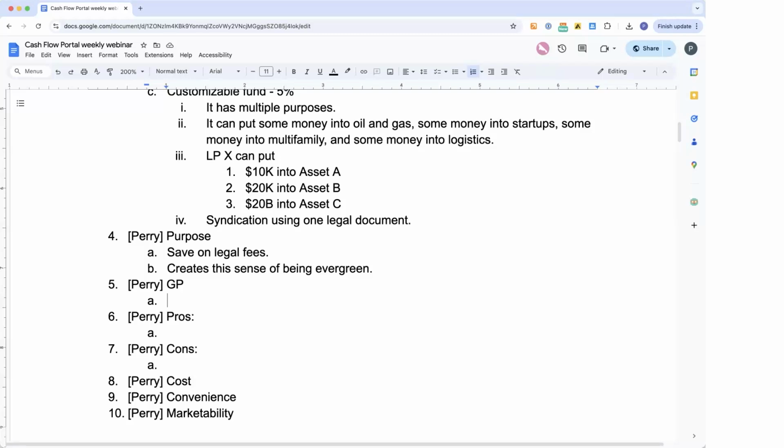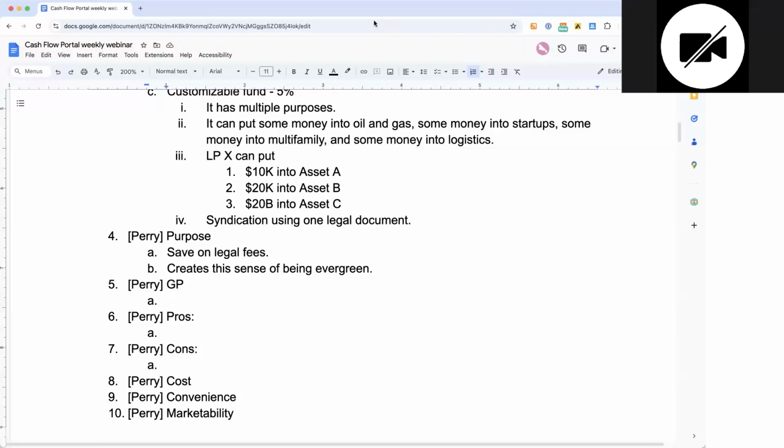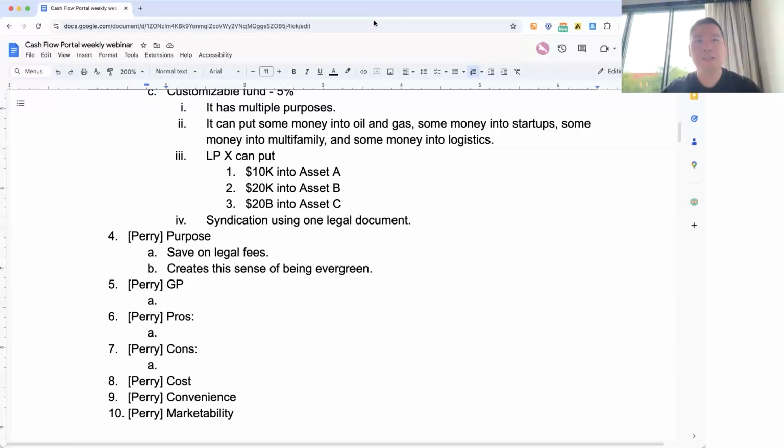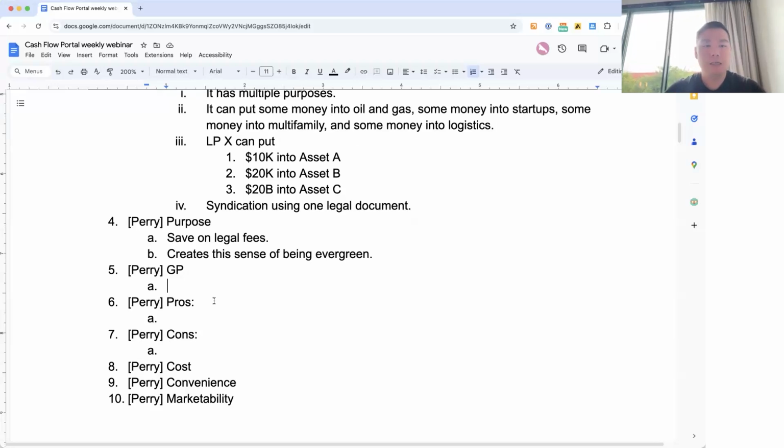And I want to be able to raise money from my friends and put about $500,000 here, $500,000 there, and $800,000 there. Okay. I'm not trying to raise $2 million for each one of those things. I'm only raising 500K.